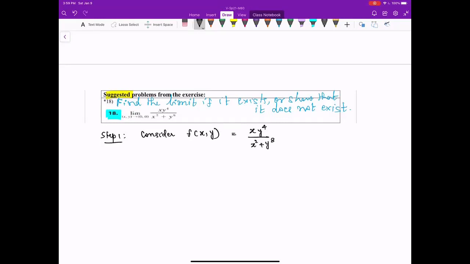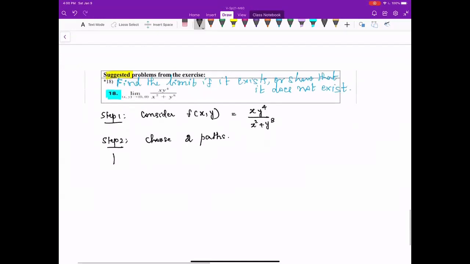Now we will choose two paths. Path 1, let's choose the easy one, along the x-axis. Along the x-axis, we know that y equals 0.